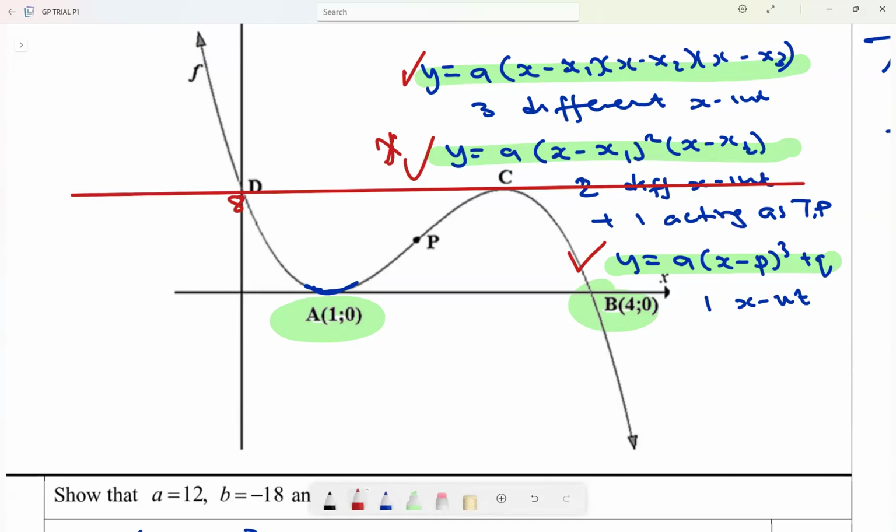We can validate that this is a tangent only if you can prove that the y-coordinate of C is equal to 8. If the y-coordinate of C is equal to 8, then it means the tangent passes through those points D and C. But if y is not equal to 8, then it does not pass. But if it is equal to 8, it does.